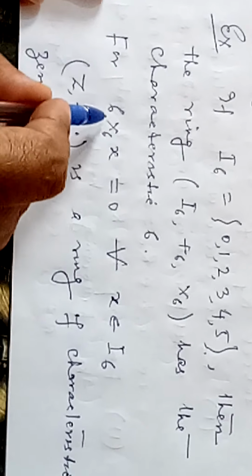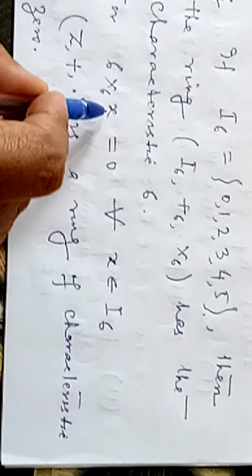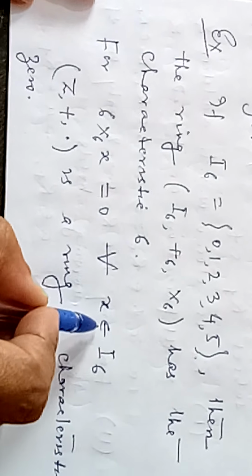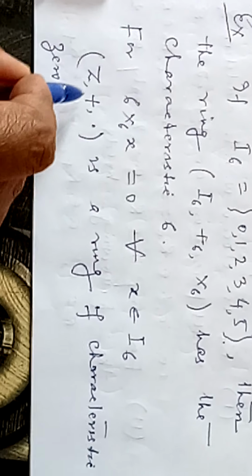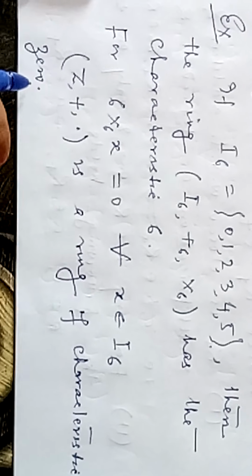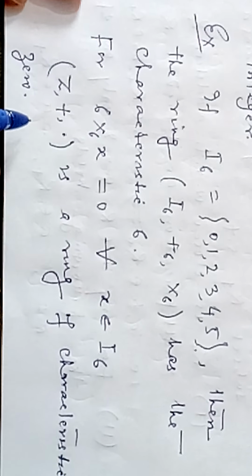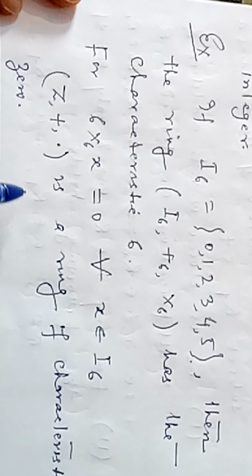For 6 multiplied by any element x is 0 for all x belonging to I6. Similarly, Z plus dot is a ring of characteristic 0 because there exists no least positive integer n such that na is equal to 0 for all a belonging to Z.